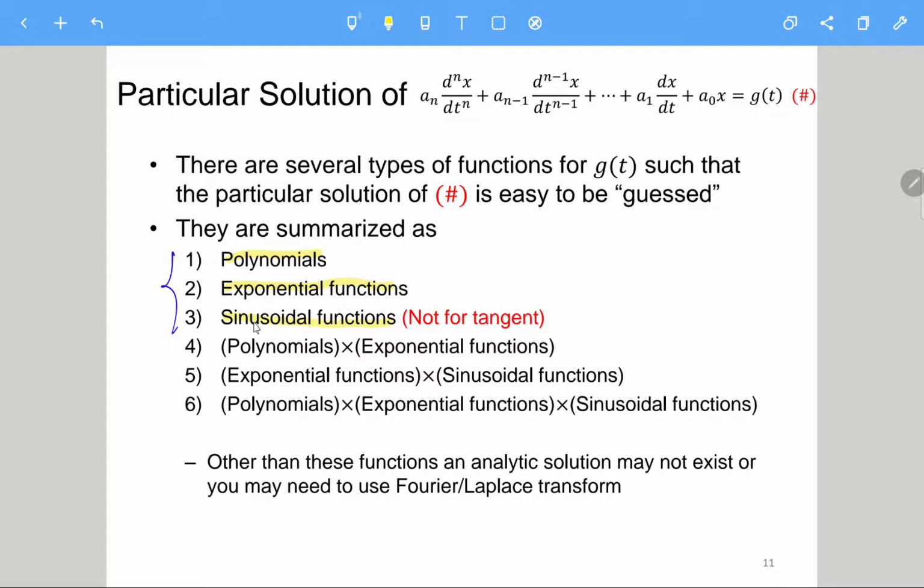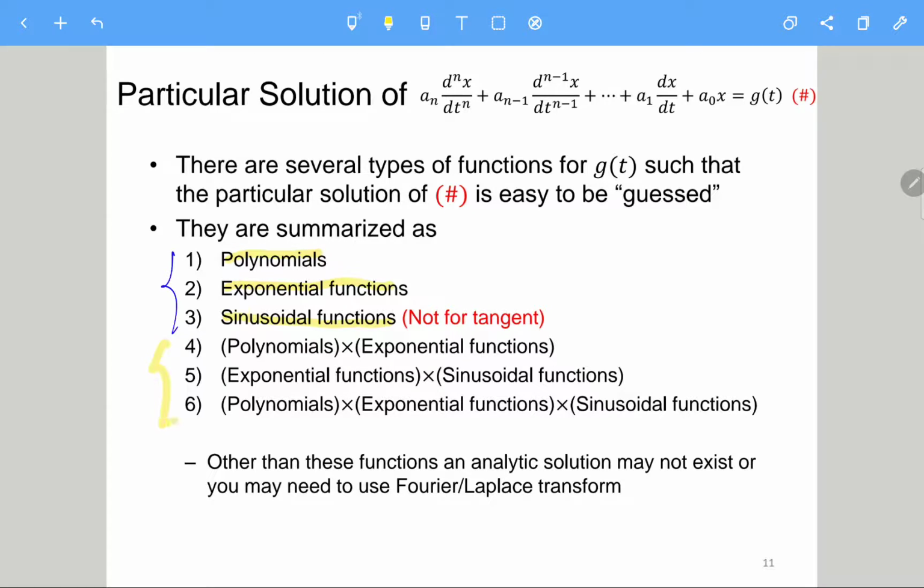Especially for the exponential function and the sinusoidal function. Or more specifically, the sinusoidal function is the most important case. The exponential function is still easy to guess, and polynomials not so much. They will not appear very frequently, because we will try to go to infinity as t goes to very large, so they will not appear very often.